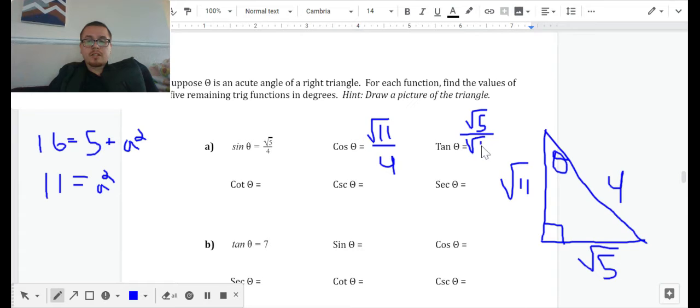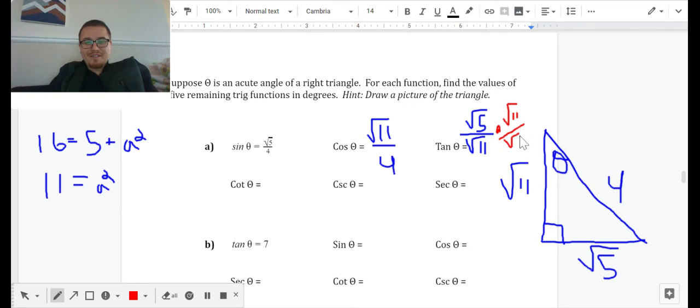I'm going to change my color because I'm running into this big triangle. With a red, we have to rationalize it by multiplying by the square root of 11, because you don't have a rational number in the denominator. So multiply top and bottom, numerator and denominator, by square root of 11, and it's painful, guys.